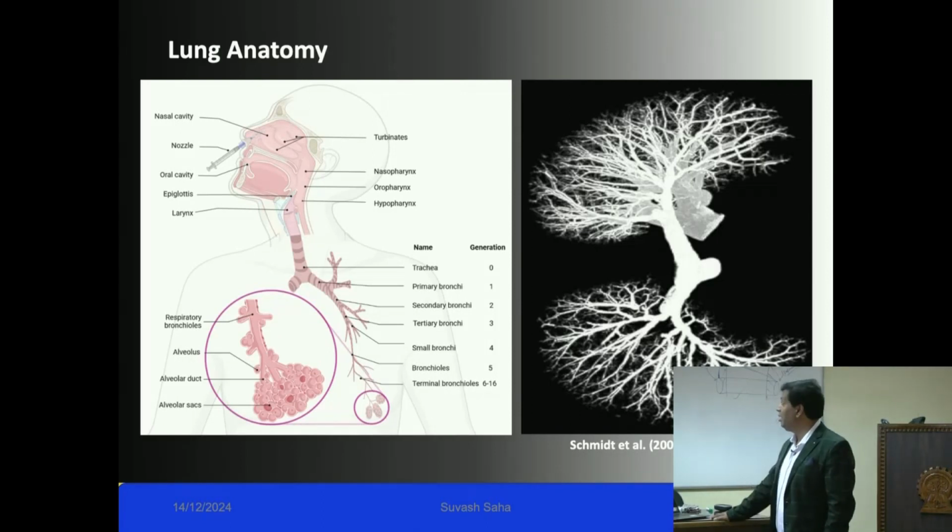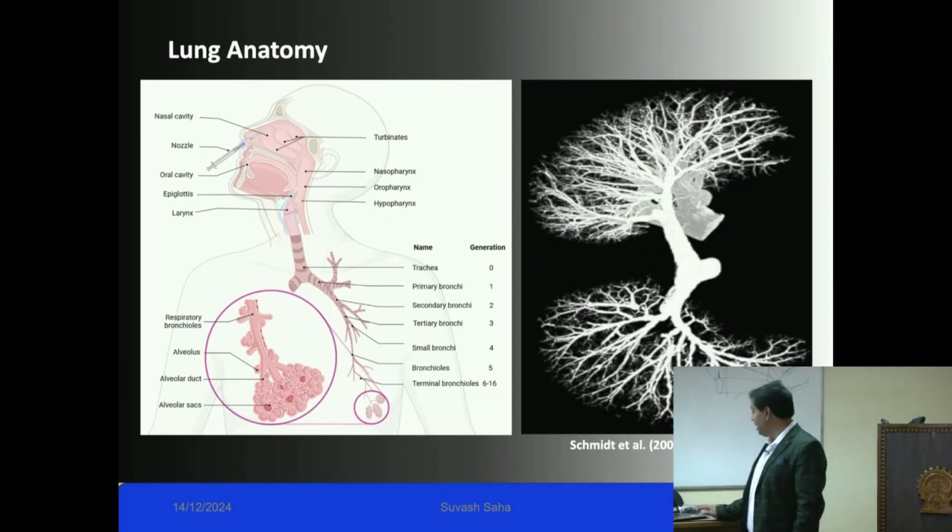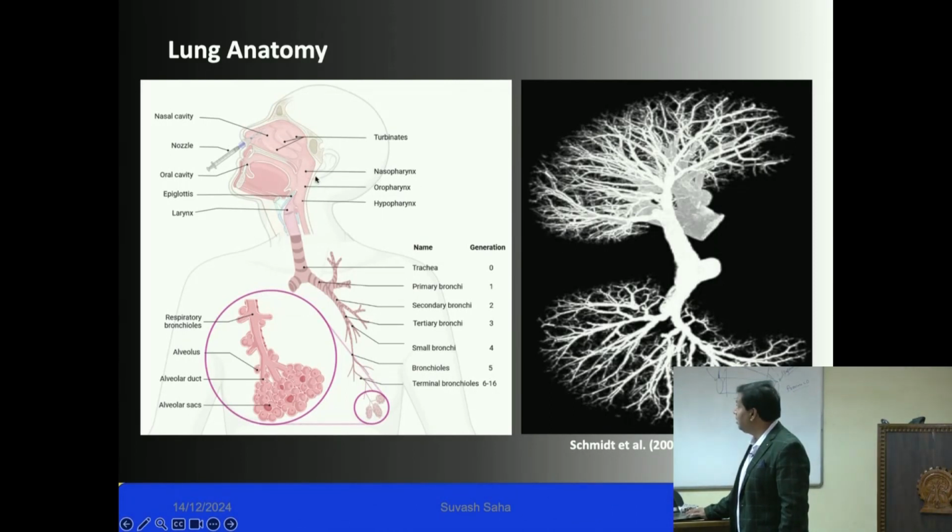But it's a very complicated airway through the nose, and it has a couple of names. From the nose, we have the nasopharynx, on top of your tongue here. Then the oropharynx is here, just above your vocal cord, and then we have the hypopharynx, and then the larynx. The larynx is a very complicated area.